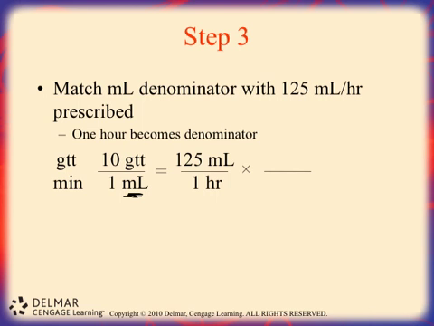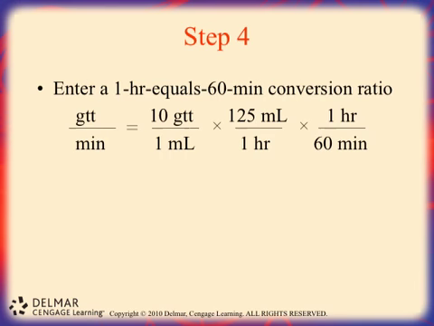So we're going to add the 125 milliliters per 1 hour. Then, because we want our final answer to be in minutes, we have to do a conversion here. This is our conversion step. So our hour and our hour have to match up there. So 1 hour equals 60 minutes.